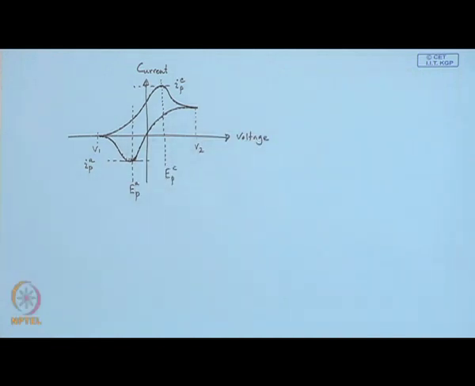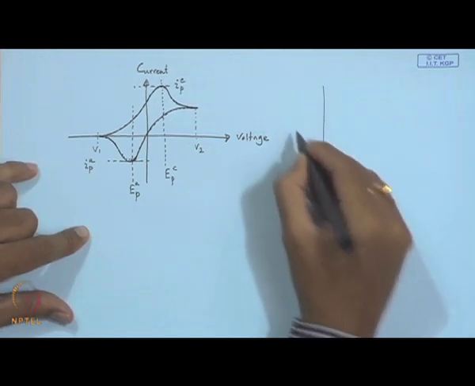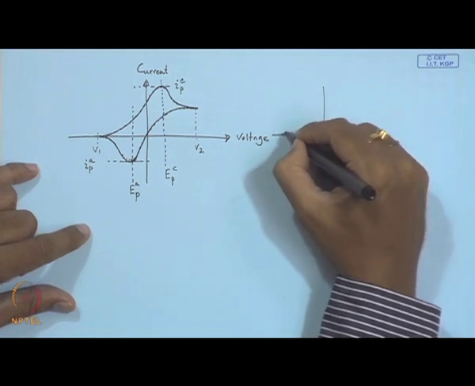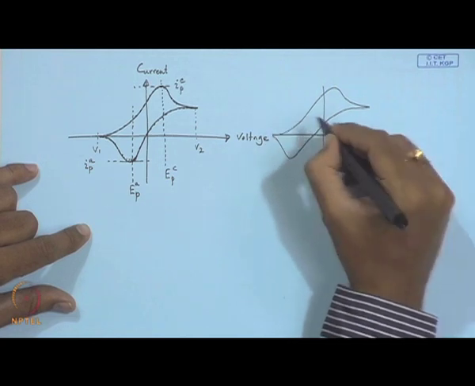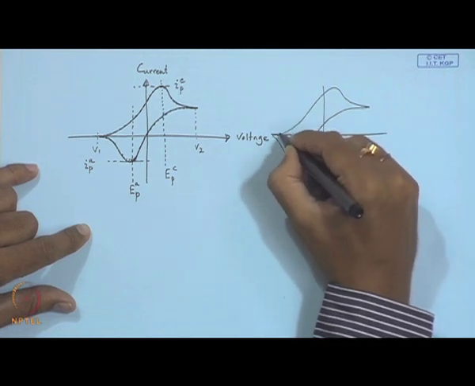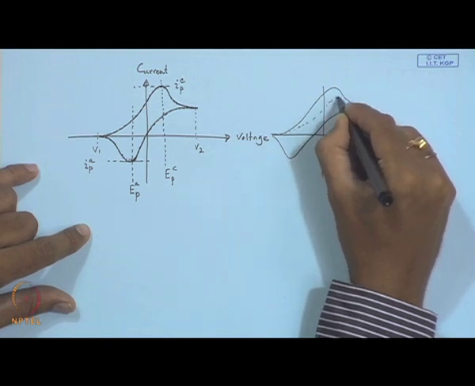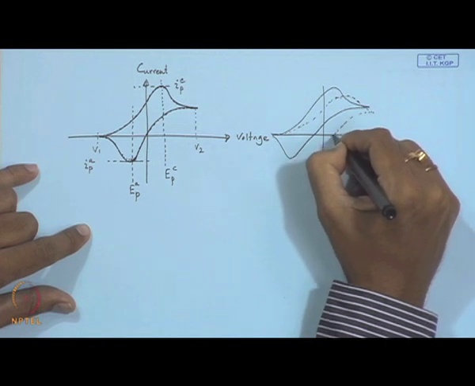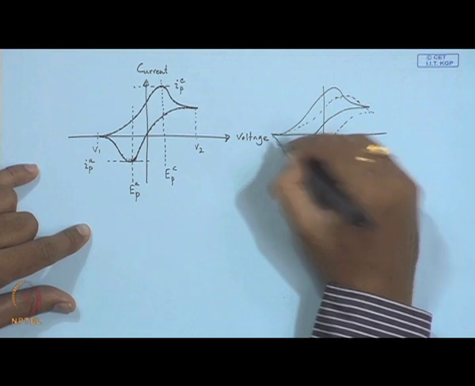But one point I should tell you: if it is a quasi reversible situation, then your cyclic voltammogram will change, and it may not end up like this.